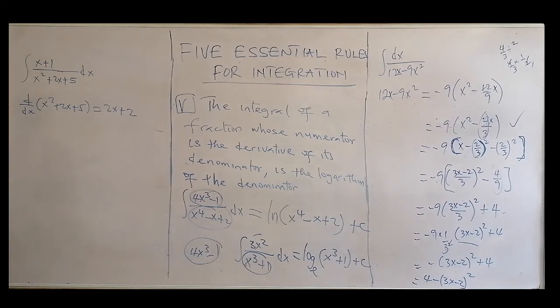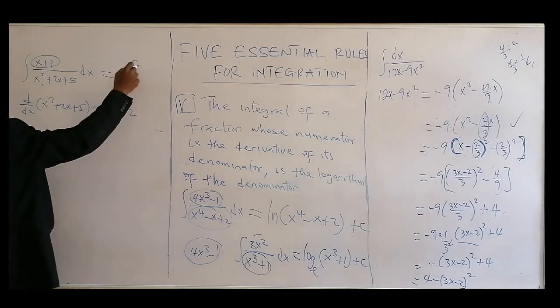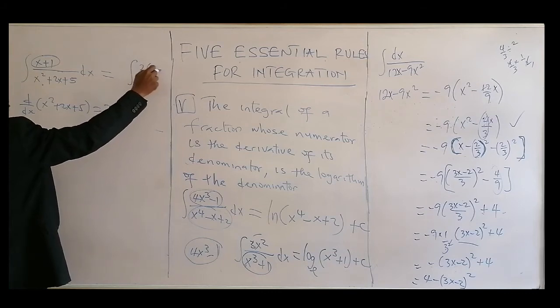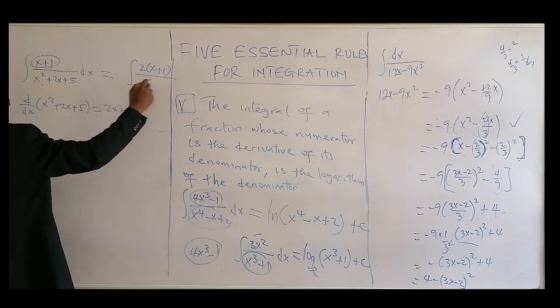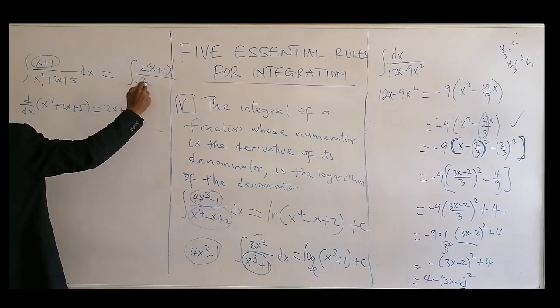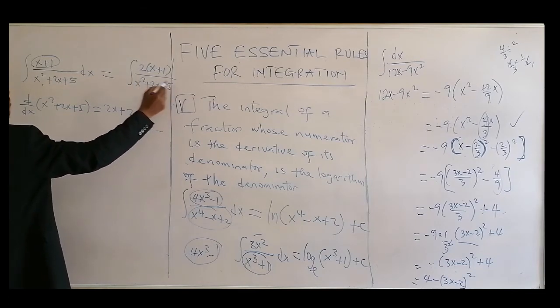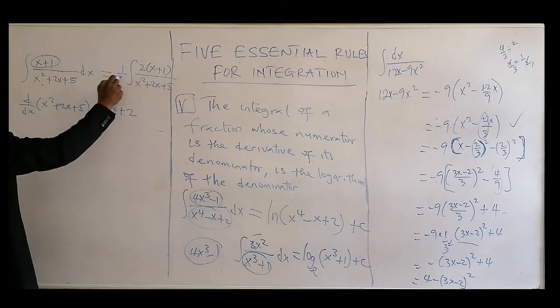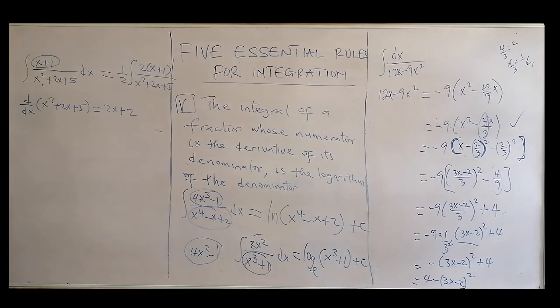But here, the numerator is almost similar: it is x plus 2. So what we are going to do now is force this numerator to be equal to the derivative of the denominator. We are going to introduce 2 into the numerator, and if you introduce 2, then we cancel that 2 outside. So that's what we're going to do here.